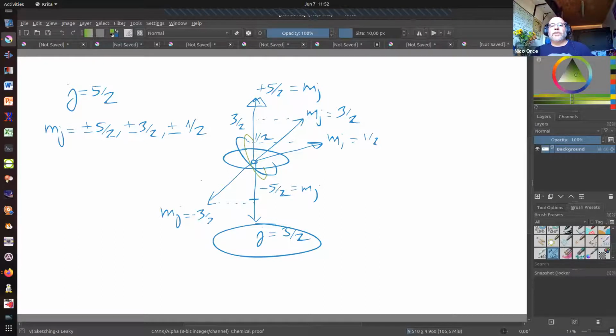So we have these three possibilities, and the same thing here. In this particular case that we are drawing up there, the particle goes this way. If we have Mj minus 5/2, then the particle goes the other way around.